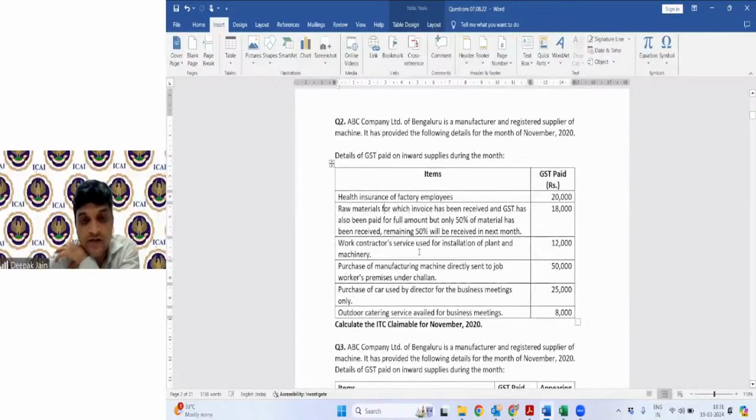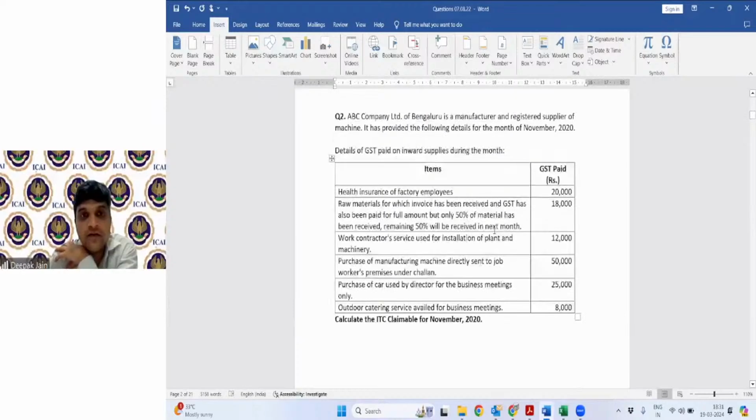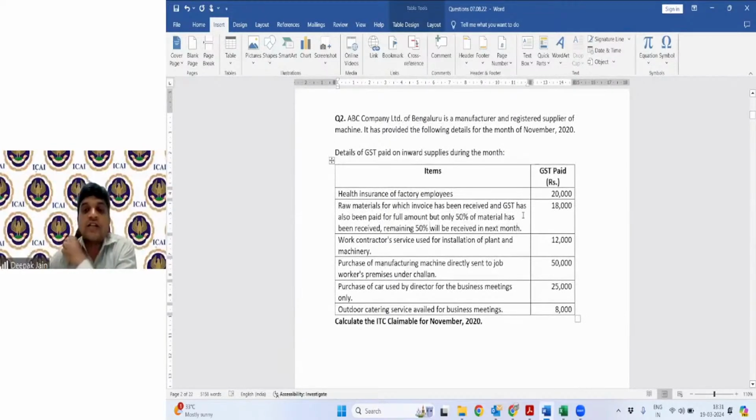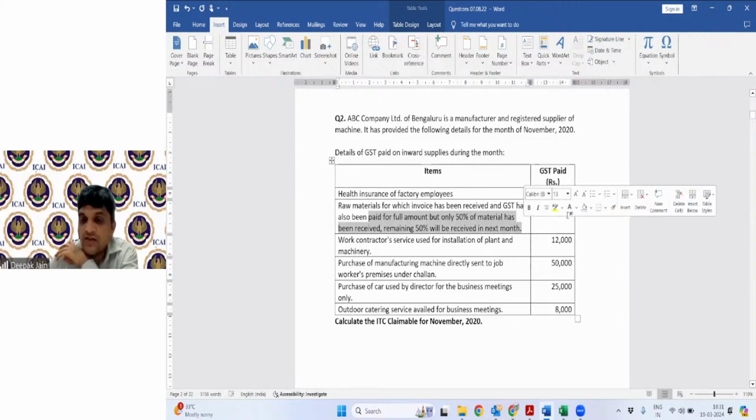raw material for which invoice has been received, and GST has also been paid for the full amount, but only 50% of the material has been received and remaining 50% will be received in the next month. GST is to the extent of 18,000 on that.